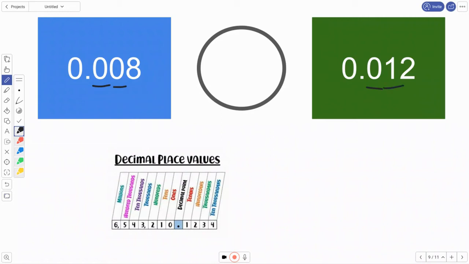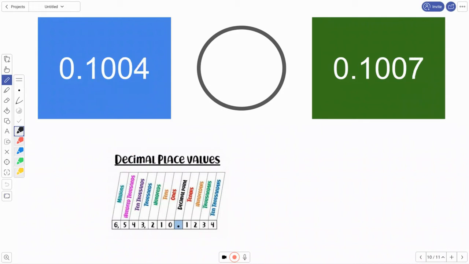I see there is 1 hundredth in the green number. 1 is bigger than 0. That means the green number is bigger. So we already know which number is bigger because 0.08 is smaller than 0.12. There's 1 hundredth versus 0 hundredths, and so the green number is bigger.